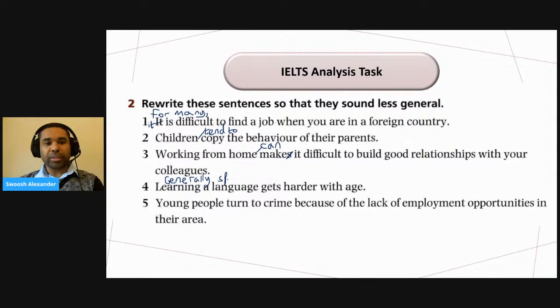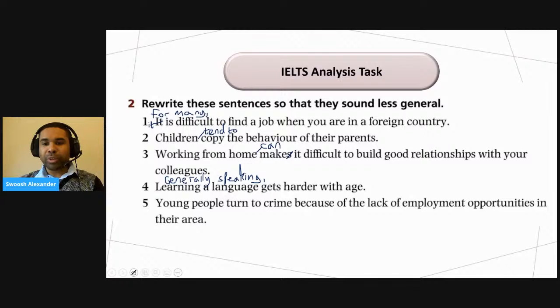So "generally speaking," and then a comma, "learning a language gets harder with age." So that's another way that we can make our sentences more precise, by using this expression.